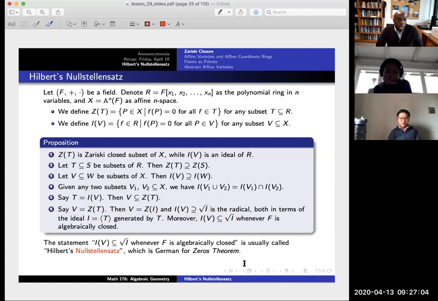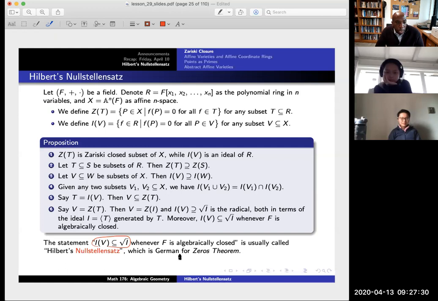So let me just make a couple of comments here. This very last part of the statement, that I(V) is contained in the radical of I whenever F is algebraically closed, is typically what's called the Nullstellensatz. There was a German mathematician named David Hilbert who was very interested in playing around with polynomials and rings and so on and so forth.